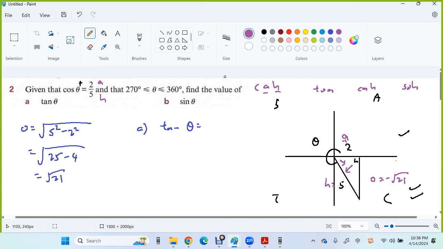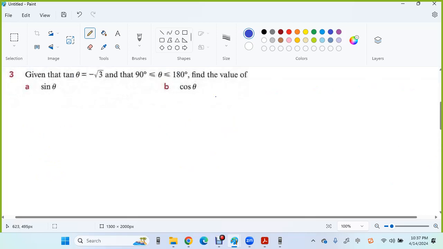Upward and right hand side will be positive, downward will be negative. So this will be negative square root 21 over 2. So B, we have the sine theta will be O over H, so negative square root 21 over 5.